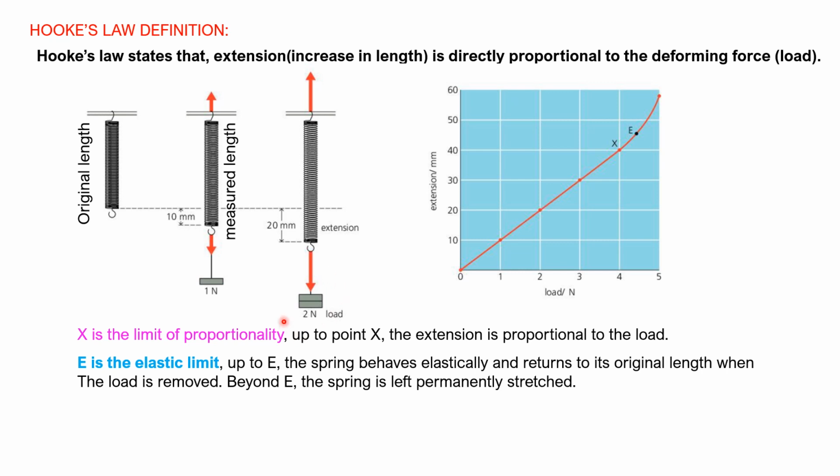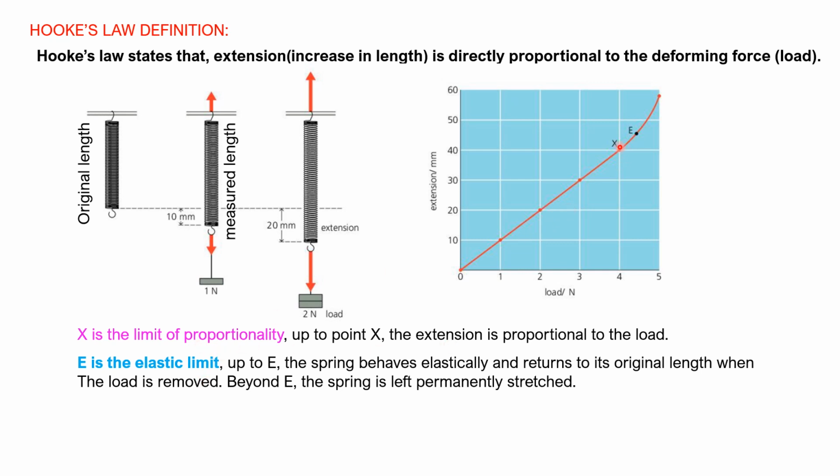So when we remove this 2 Newton load, if the spring goes back to its original length, that means it is within the elastic limit. If the spring stays with some extension after removing the load, then it is beyond its elastic limit. So these two things are very important.